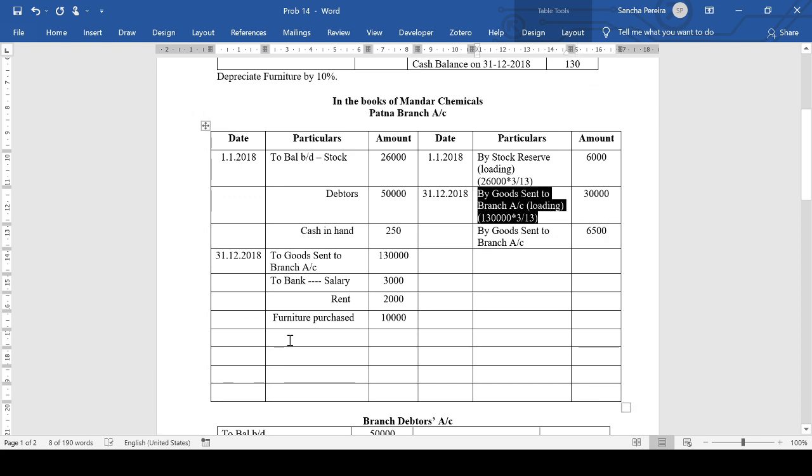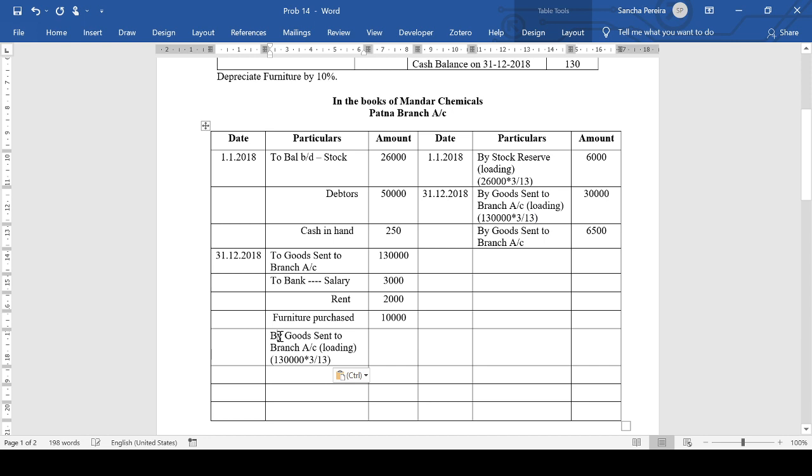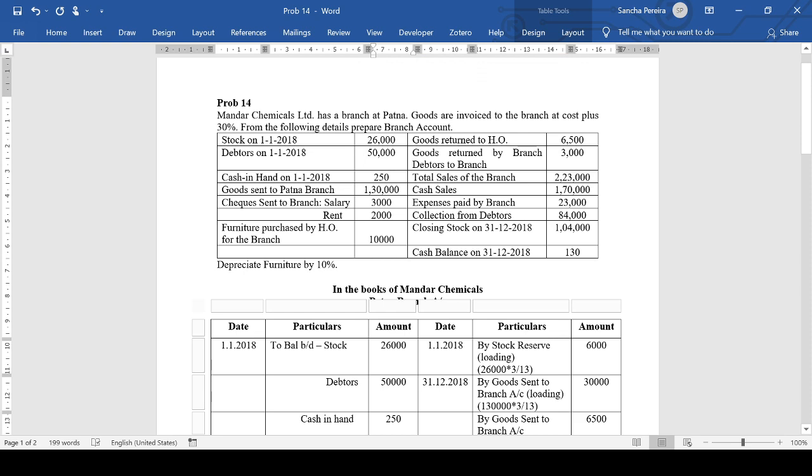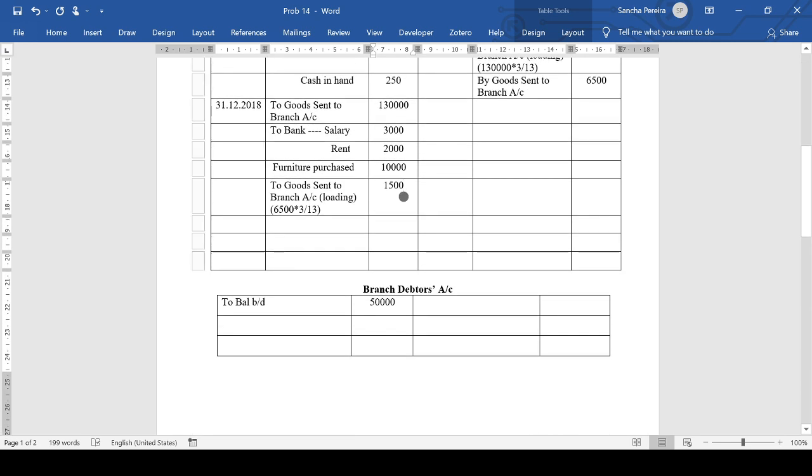On the other side, to goods sent to branch account, 6,500 into 3 by 13 comes to 1,500. Then we have goods returned by branch debtors to the branch, 3,000 by returns.